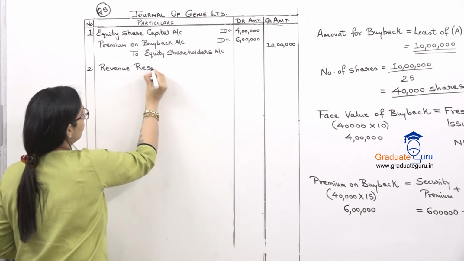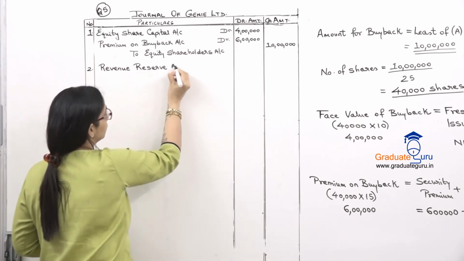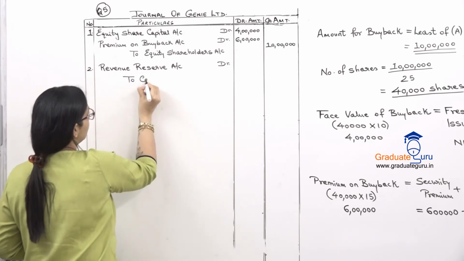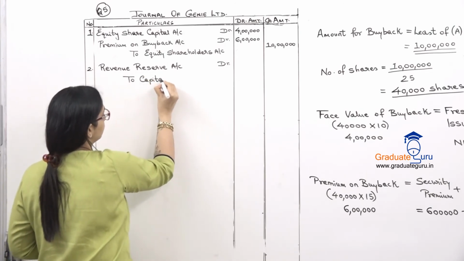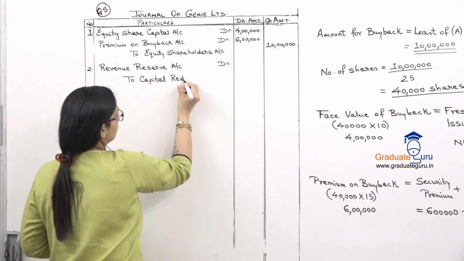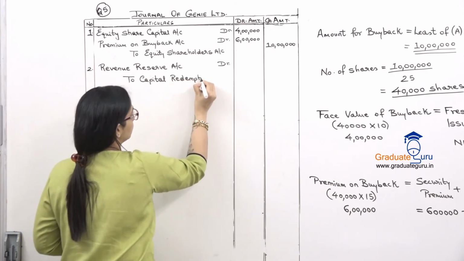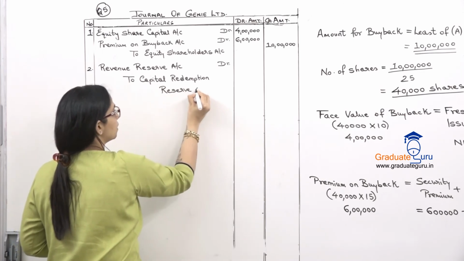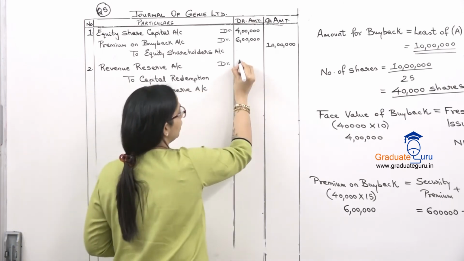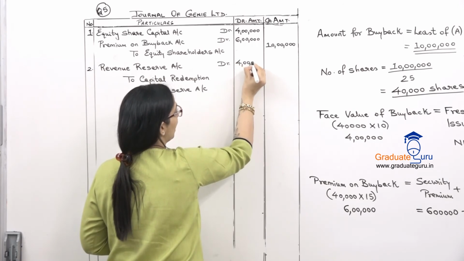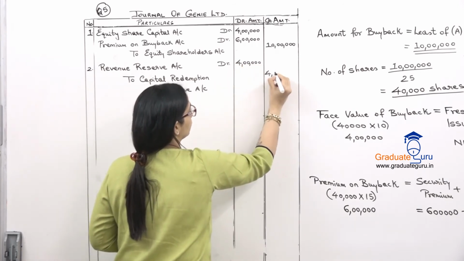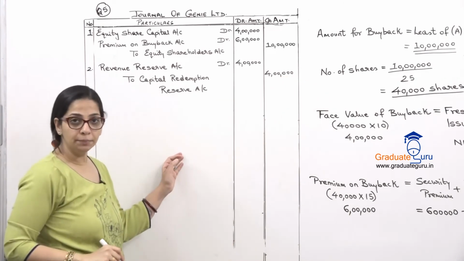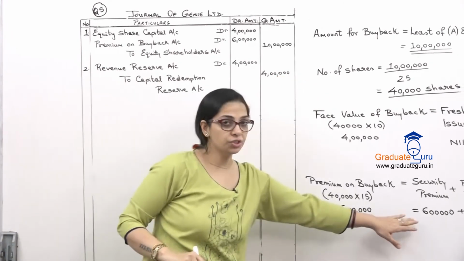Revenue reserve account debit to capital redemption reserve, CRR. Capital redemption reserve account, whatever amount we used from revenue reserve, which is 4 lakhs. There is also premium, and for premium what have we used?